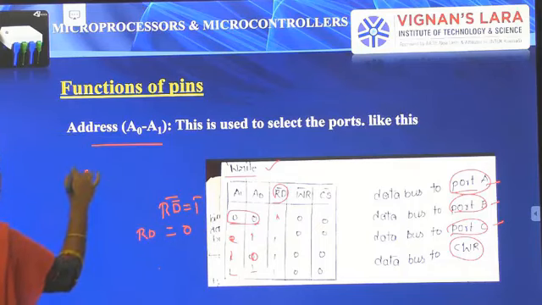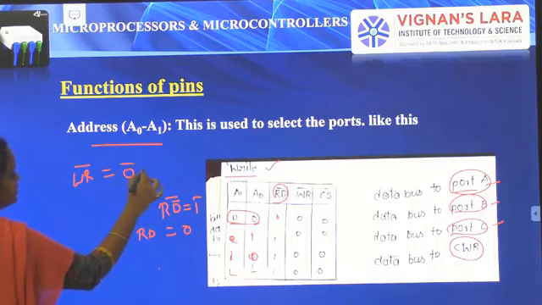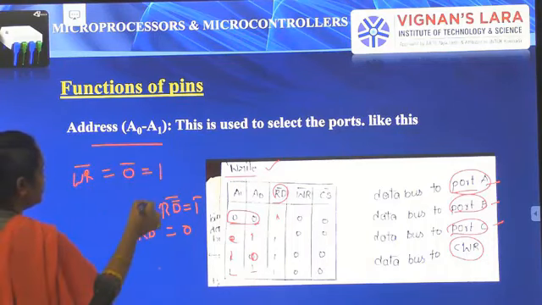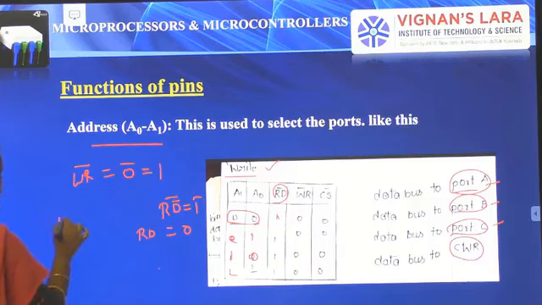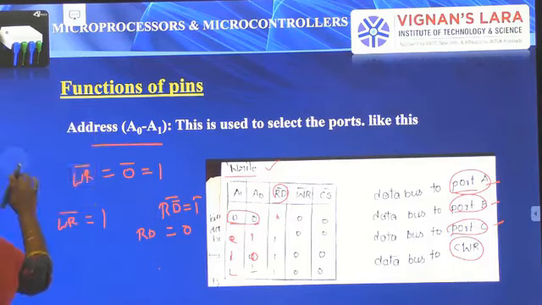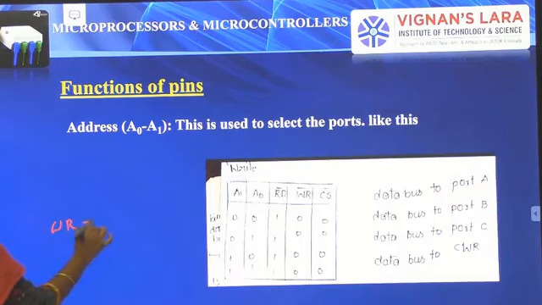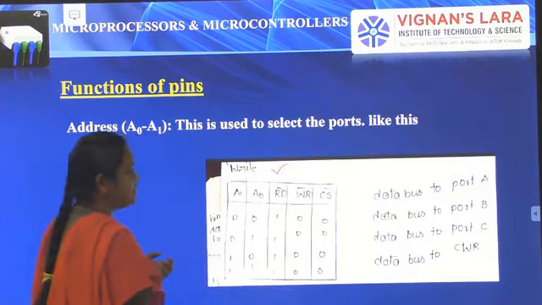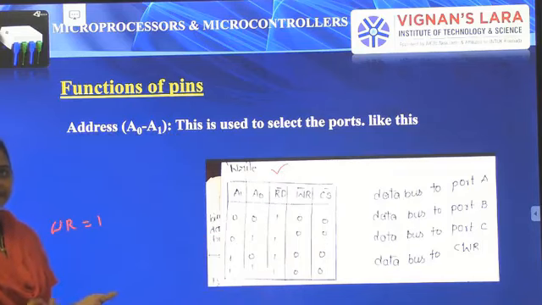So WR bar equals 0, that means the write operation is enabled. So the 8255 is going to write the data, that means taking the data from the 8086 microprocessor and sending it to the input output devices.